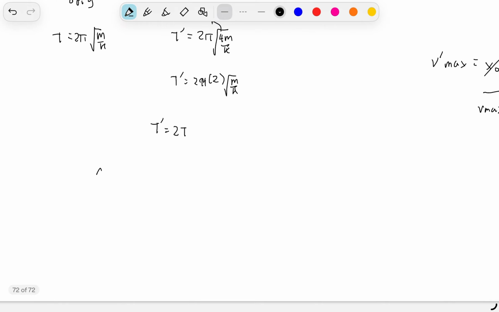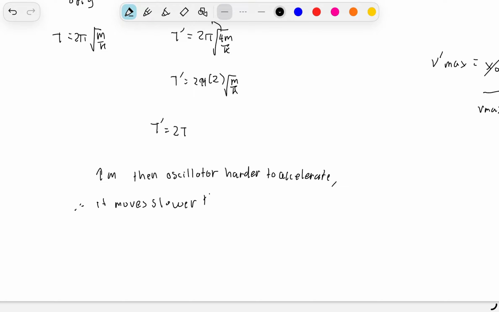So if you have an increase in mass, that's going to make the oscillator harder to accelerate. Therefore, it moves slower through the cycle and takes more time to complete one oscillation.